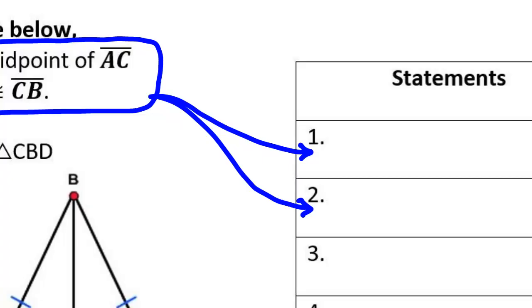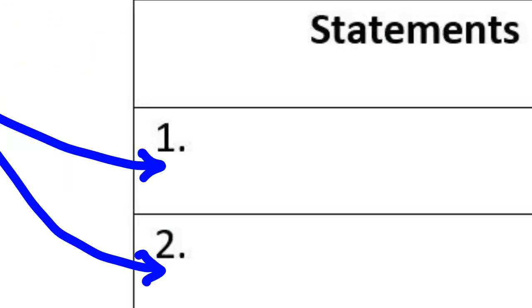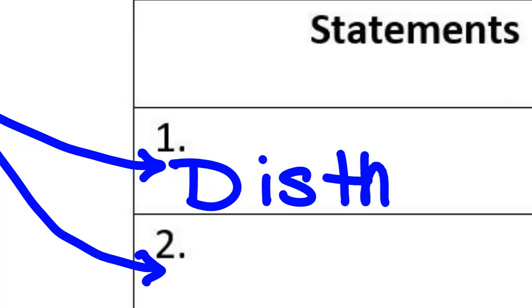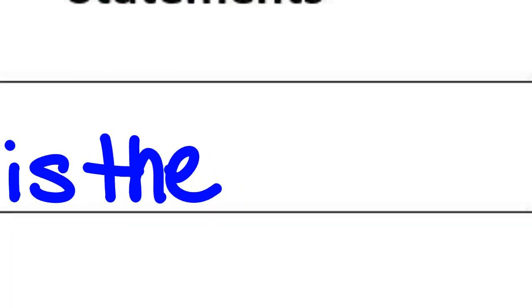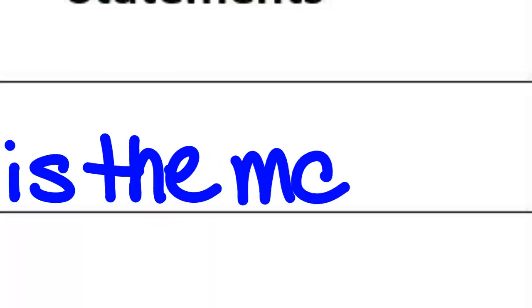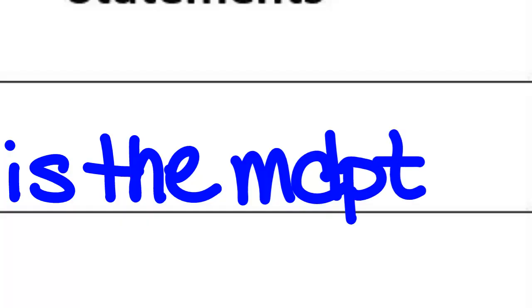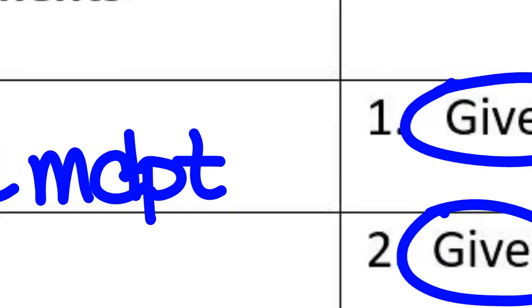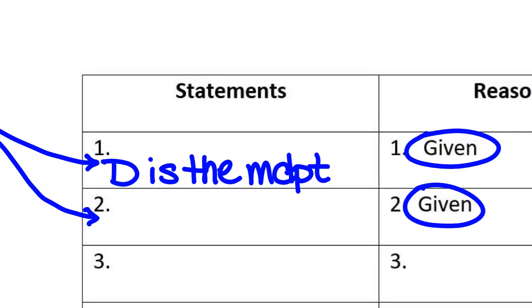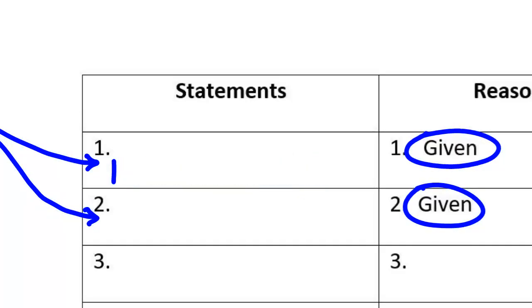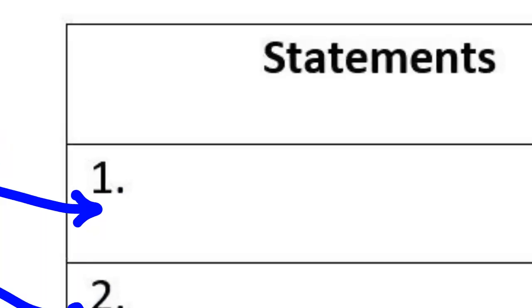But because they have this filled in for us already, I'm going to go ahead and write it on 2 lines. So D is the midpoint of AC. I'm going to have to scoot that up a little higher so that I have room for a second line.